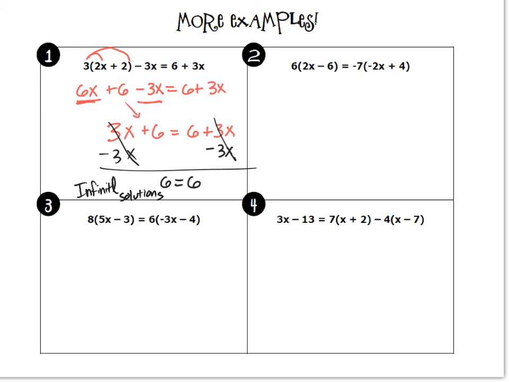Moving on to the next problem really quickly, 6 times 2x, 6 times negative 6, so we've got 12x minus 36 equals negative 7 times negative 2. It's a double negative. Double negatives make a positive, so 14x. Negative 7 times positive 4, it's going to be negative 28.